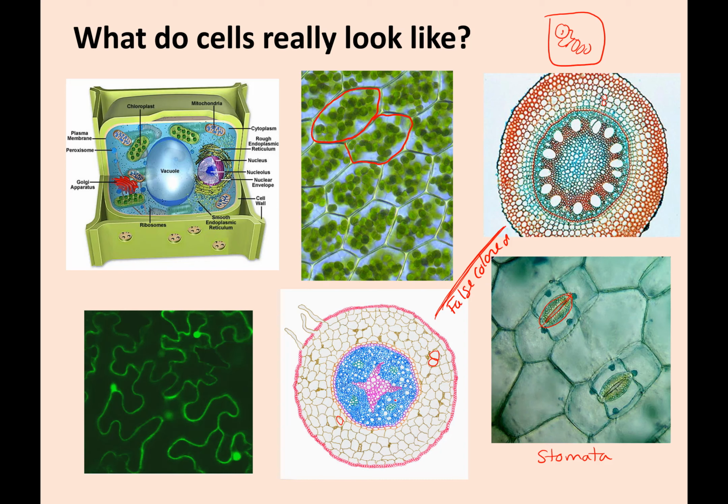This was an image that I first saw when I was a postdoc, right? So I had gotten my bachelor's degree, gotten my PhD, didn't really ever learn a lot about plants, but switched over to studying plant viruses. And one of the images they showed me when they were showing me the research is a picture like this, and I was like, oh, that's so cool, what is that?